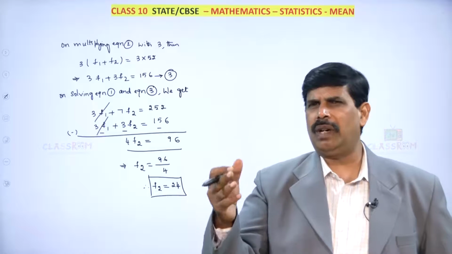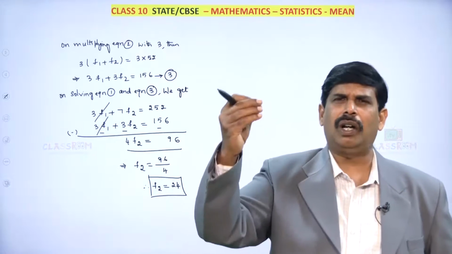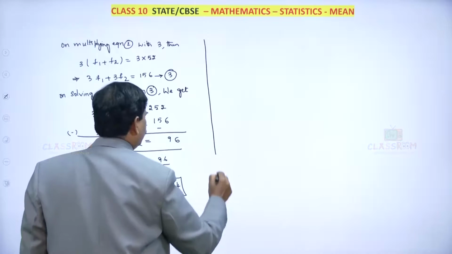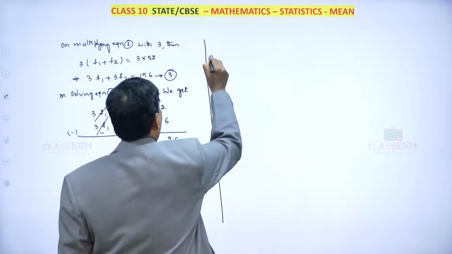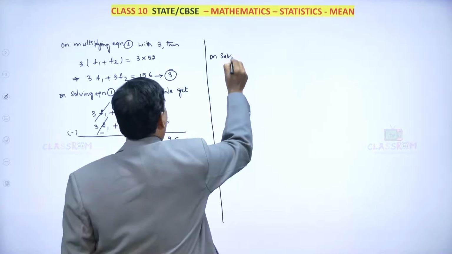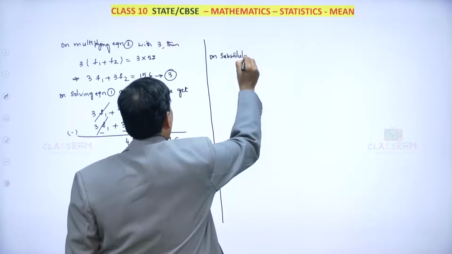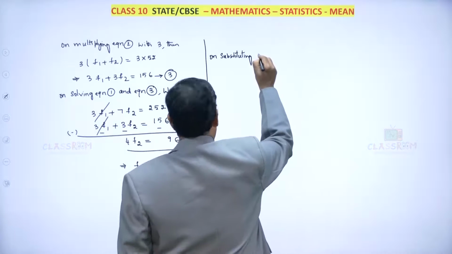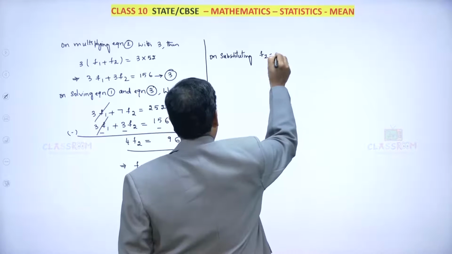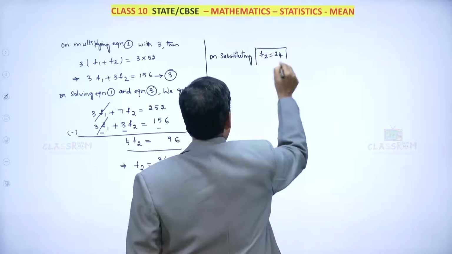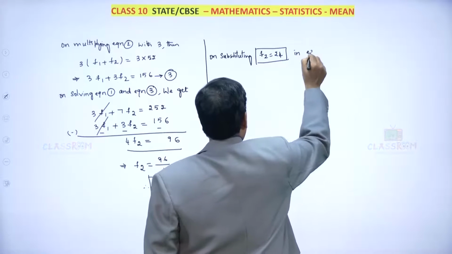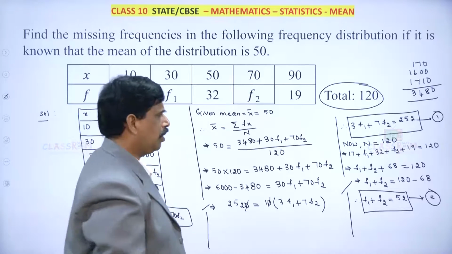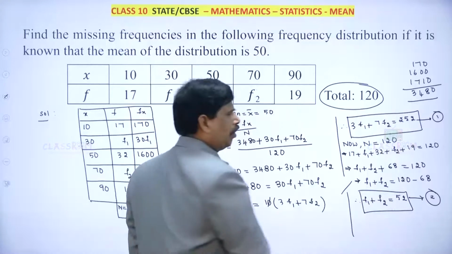So now substitute this value either in equation 1 or 2 or 3. Better go with 2. So on substituting f2 is equal to 24 in equation 2. What is your equation 2, children? Here is your equation 2. f1 plus f2 is equal to 52.